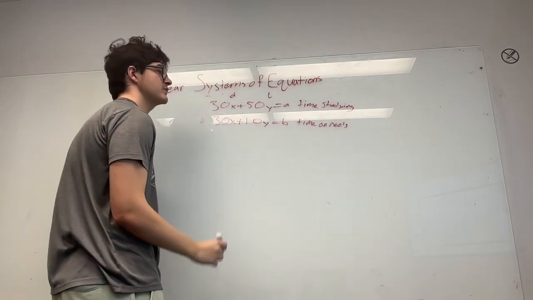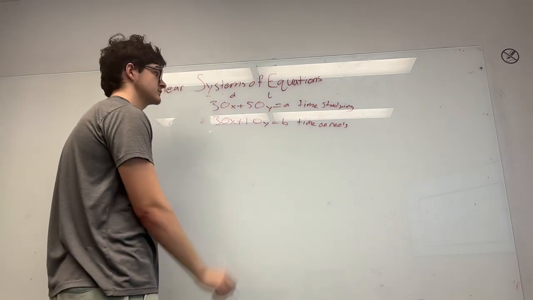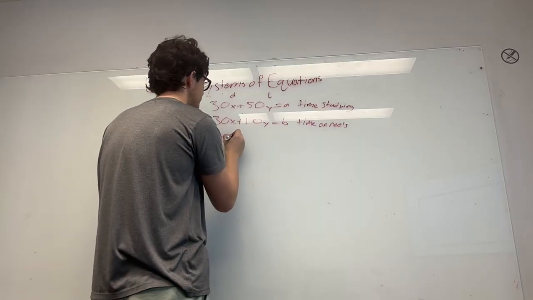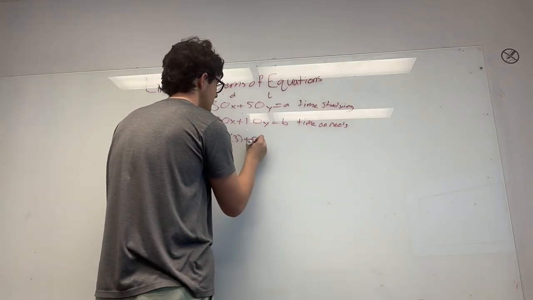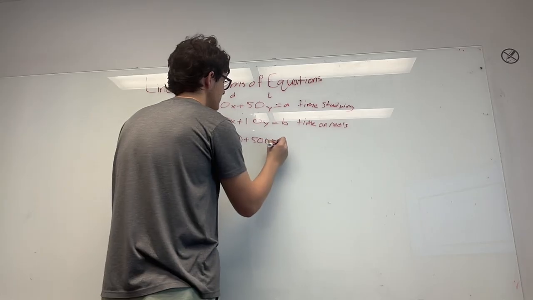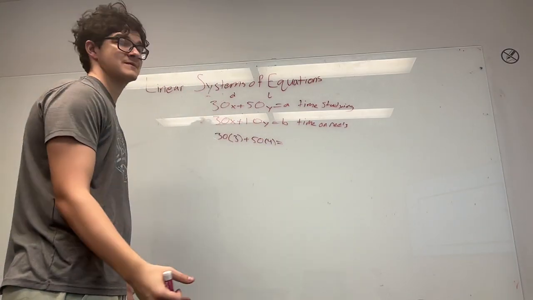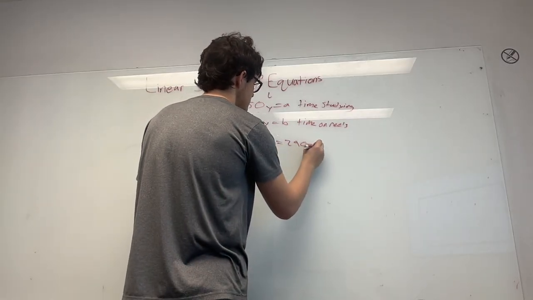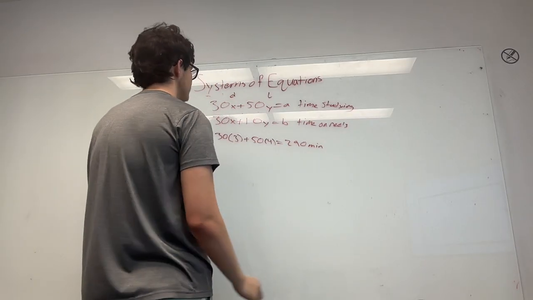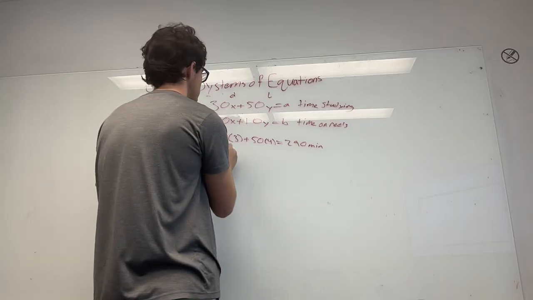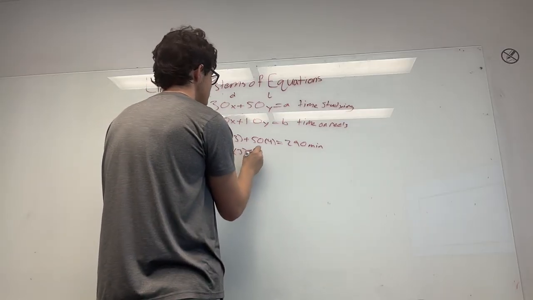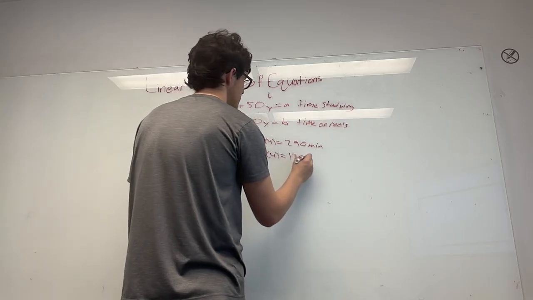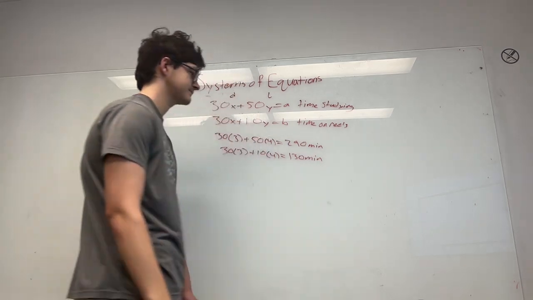So if we plug in 3 hours for x and 4 hours for y, we get 30 times 3 plus 50 times 4 equals the amount of time I spent studying. That would be, I believe, 290 minutes studying. And same thing for this: 30 times 3 plus 10 times 4 equals 130 minutes on Reels.